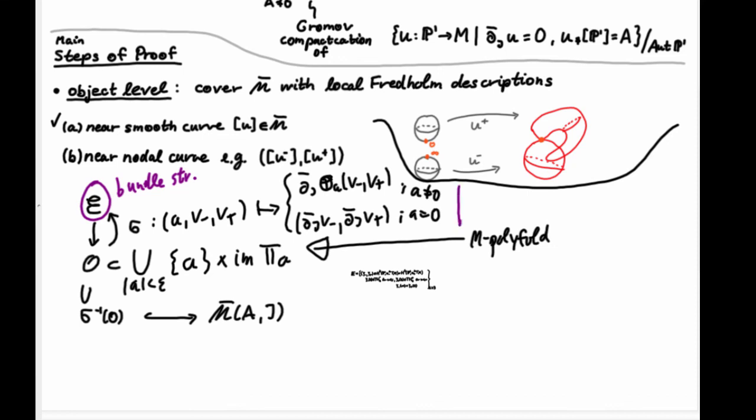And then we'd like this map to be scale smooth, in the sense of maps between polyfolds that we already had, and Fredholm in some sense. And once we have that, we have a local Fredholm description.